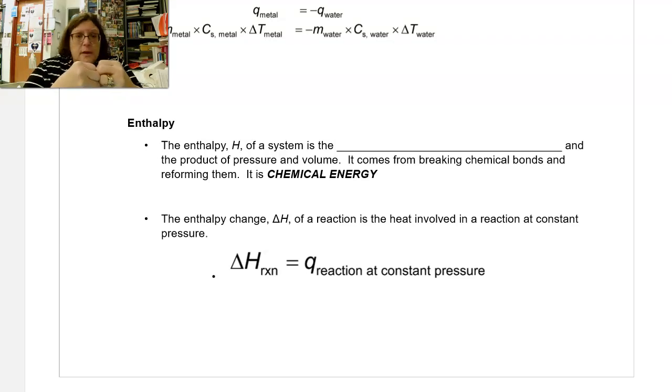If you stop and think about a chemical reaction, you have atoms and molecules that rearrange. Those atoms are bonded to each other, therefore their bonds have to break, and then the bonds have to reform. That energy is called enthalpy.